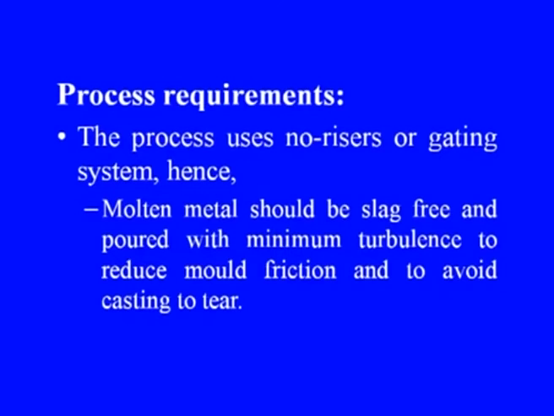Let us see the process requirements for continuous casting process. The process uses no risers or gating systems. Hence, molten metal should be slag free and poured with minimum turbulence to reduce mold friction and to avoid casting tear.